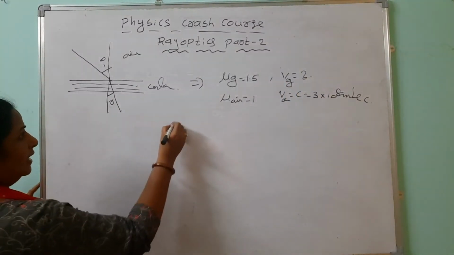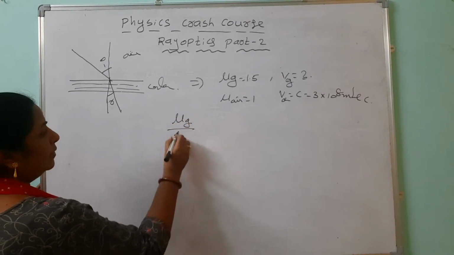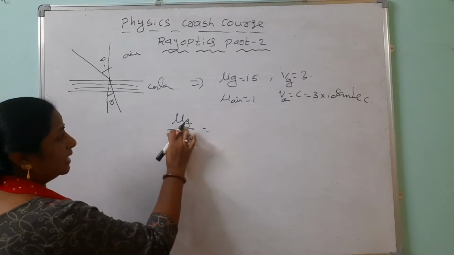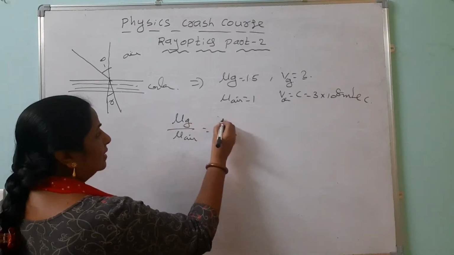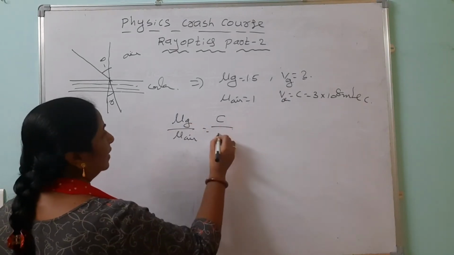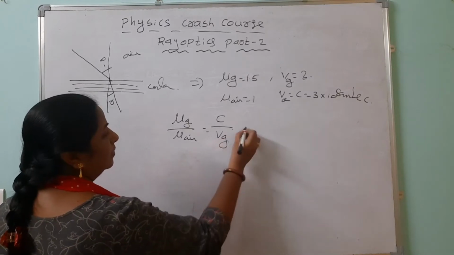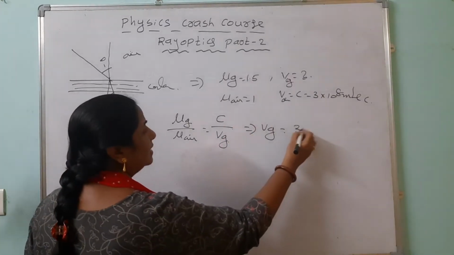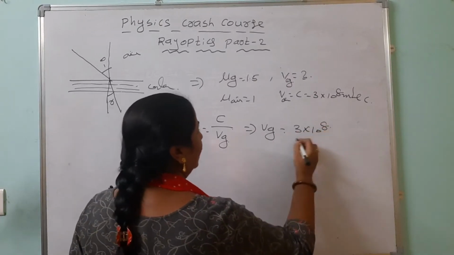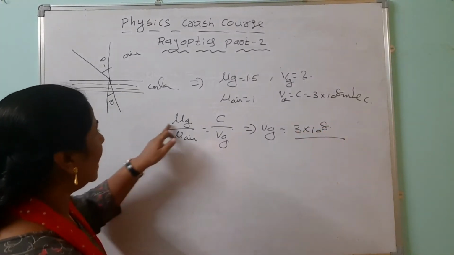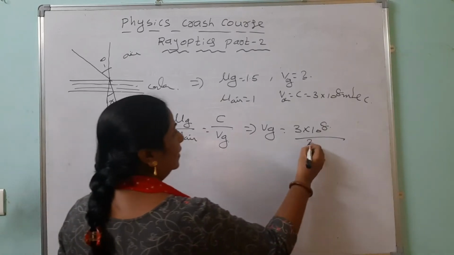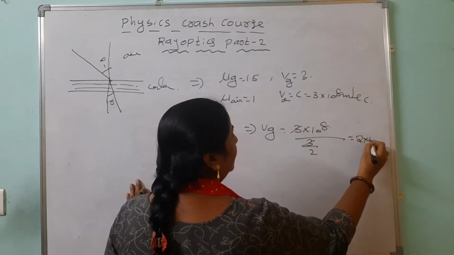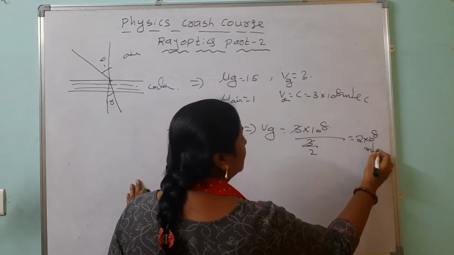Same formula: mu g by mu air equals, inversely proportional, velocity in air C by velocity in glass. After simplification, this value is 3 into 10 to the power of 8 divided by, for glass, 3 by 2. The 3 cancels when it reverses: 2 into 10 to the power of 8 meters per second.